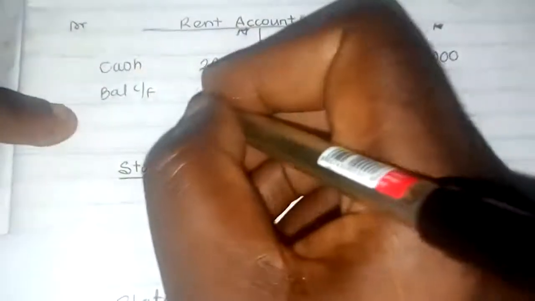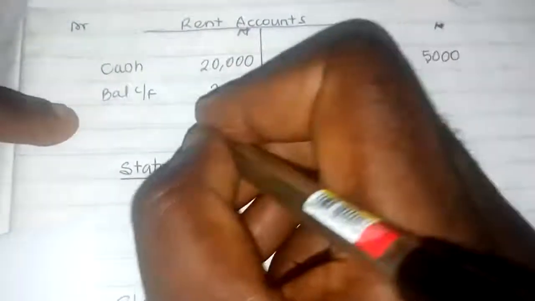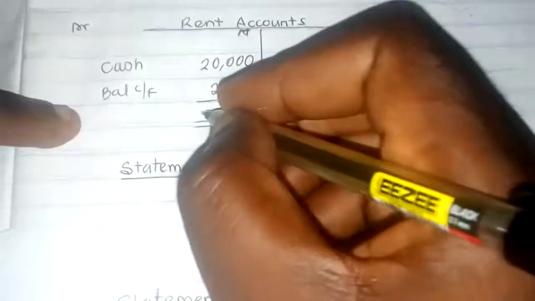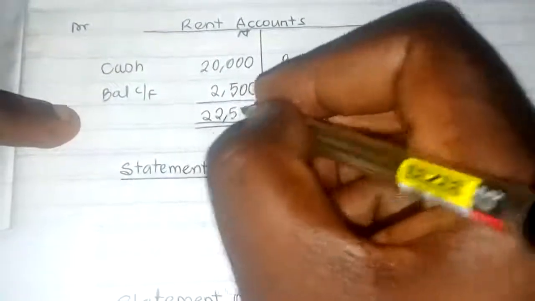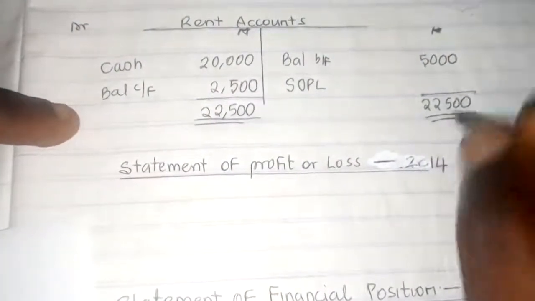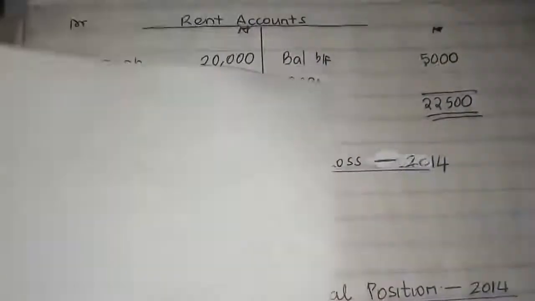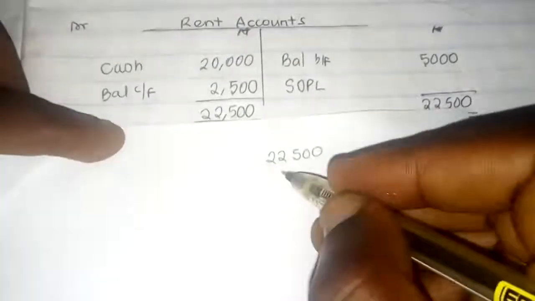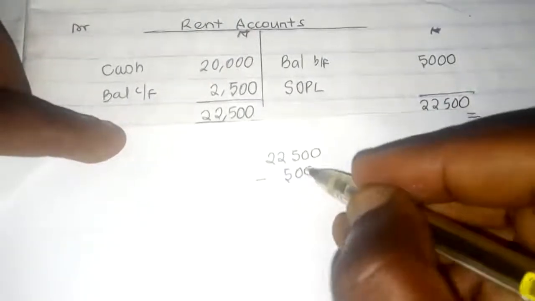So this will give you 22,500. Then let us subtract. You subtract 5,000 from 22,500.